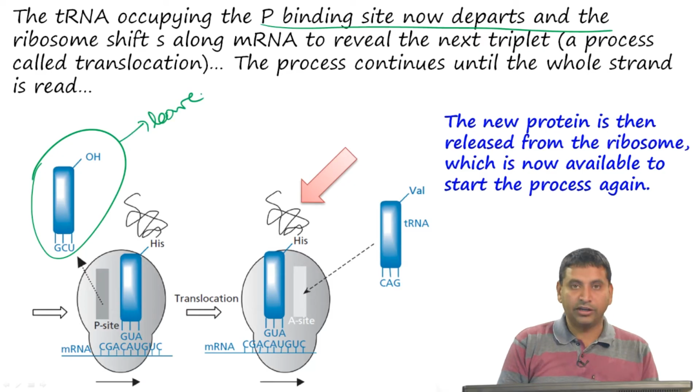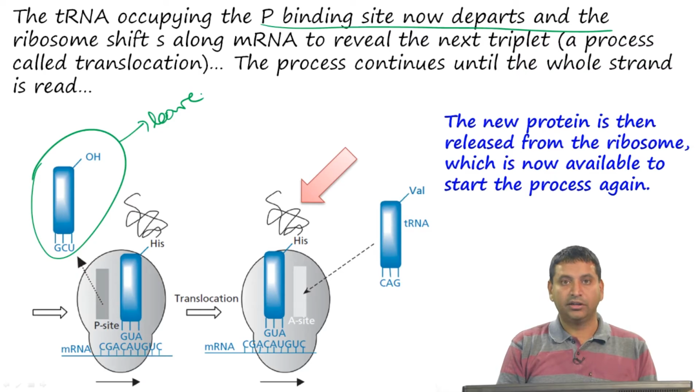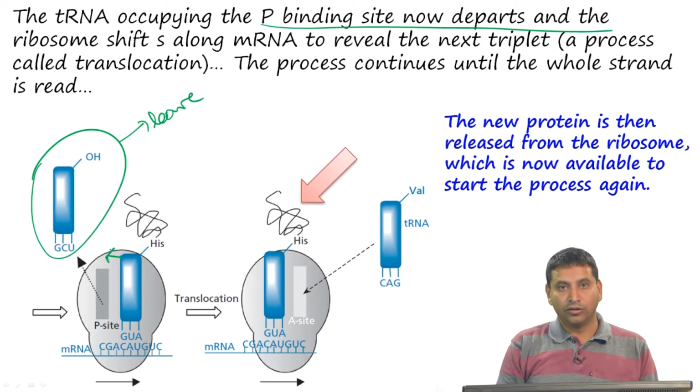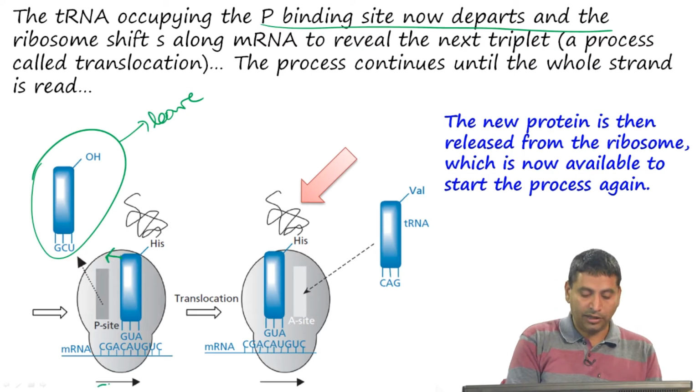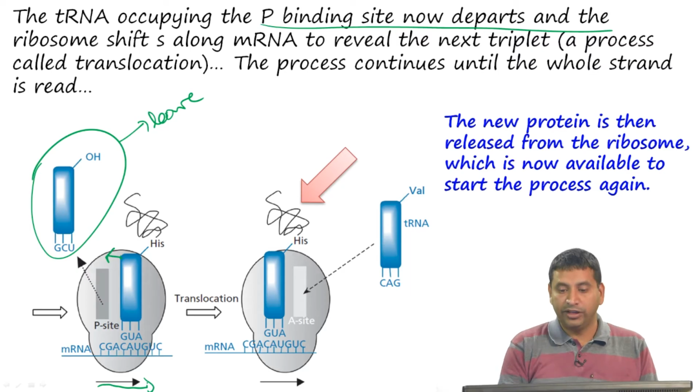and a new tRNA should come in and bind to the A binding site, but this molecule should shift, right. So, in order for this to shift, you have the mRNA moving in one direction, and this process wherein it moves or shifts and reveals the next triplet code is called translocation.